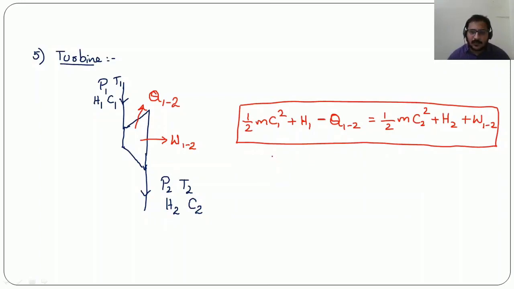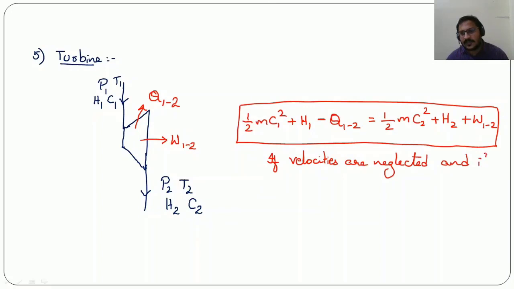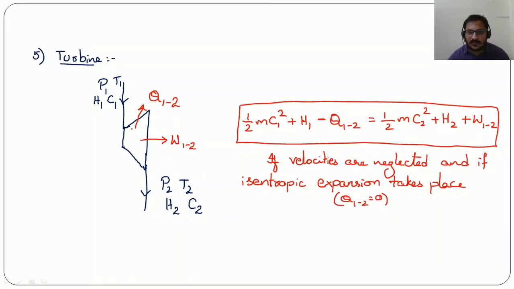Now suppose if velocities are neglected, and if isentropic expansion takes place, so isentropic expansion means heat transferred to the surroundings will be zero, because this will be perfectly insulated.